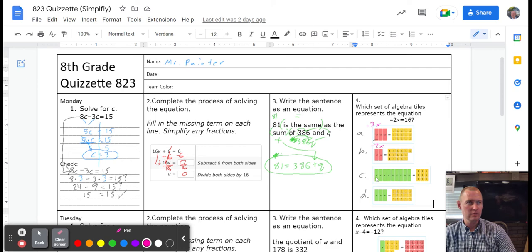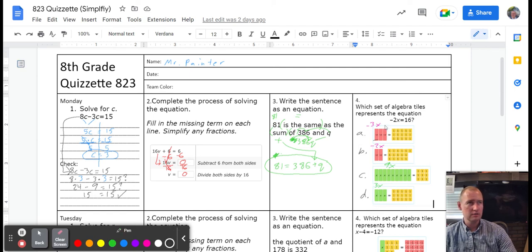C, we have 1, 2, 3, 4, 5, 6, 7, 8, 9. Well, I'm saying that's 9x there. And D is going to be 3x because I count 1, 2, 3 x tiles.